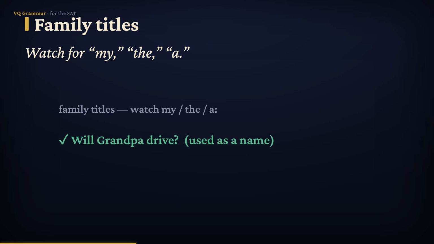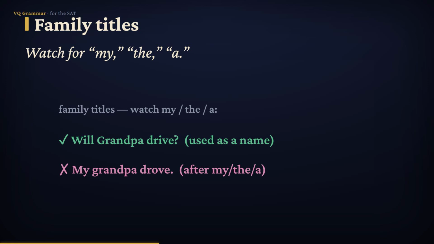Capitalize a family title when it's being used as the person's name, when you could swap in their real name and the sentence still works. Will Grandpa drive? Here, Grandpa is basically standing in for his name, so it's capital. But the instant a possessive or an article slips in front, words like my, your, the, or a, it turns lowercase.